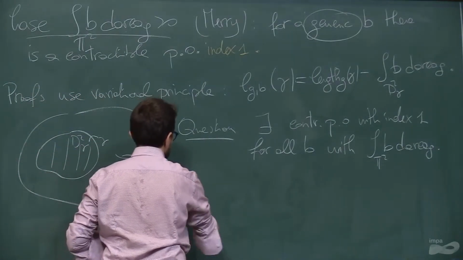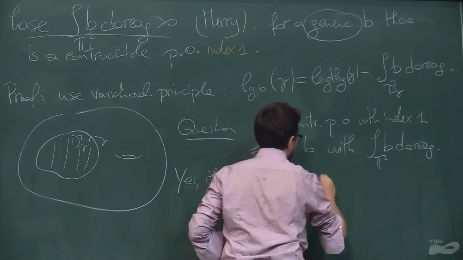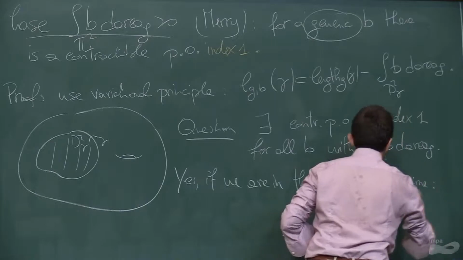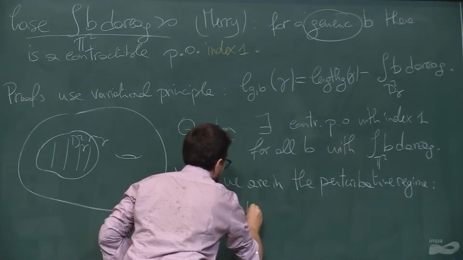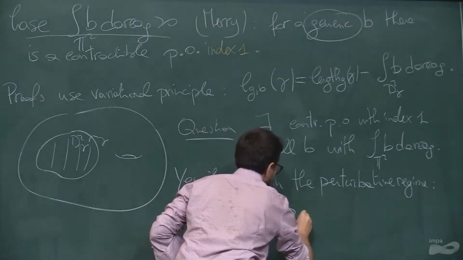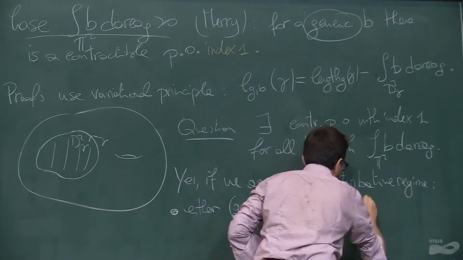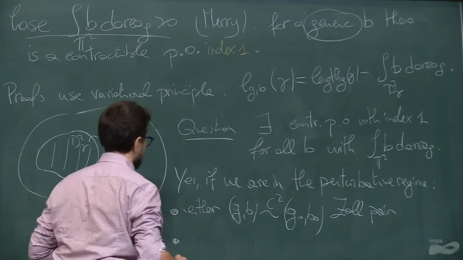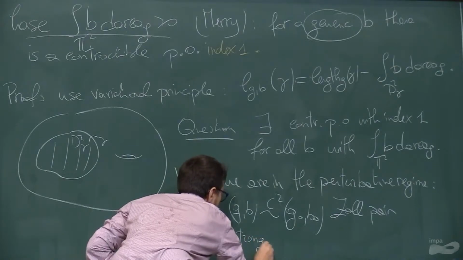So yes, if we are in the perturbative regime, let's say, meaning that either my GB is C3 close or C2 close to a Zoll one, or the second thing is that GB is strong. So let me define what it means to be strong.